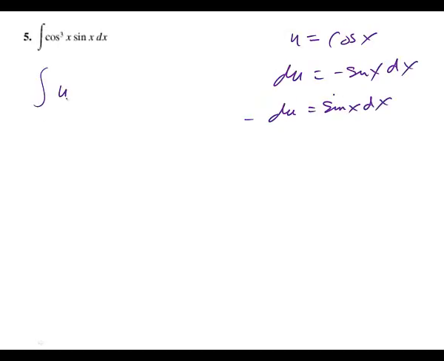So I'm going to go u cubed for the sine x dx, it's negative du. When we integrate u cubed, we get u to the 4th over 4. Good. Plus c, and instead of u, we're going to write cosine x.